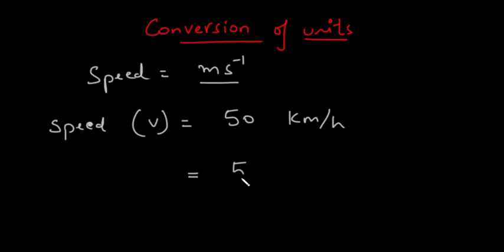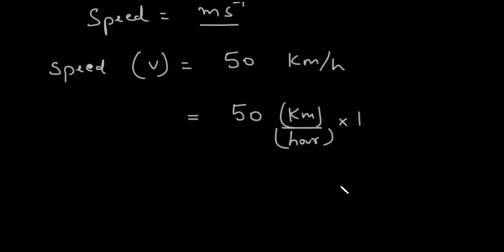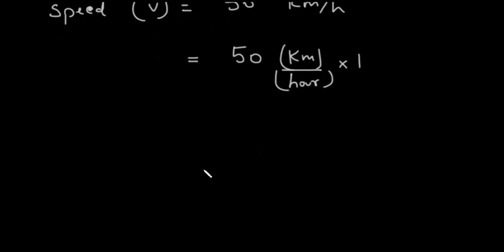We write 50 kilometer per hour and we multiply it by 1. Okay, it's fair mathematically. So 50 into kilometer per hour.